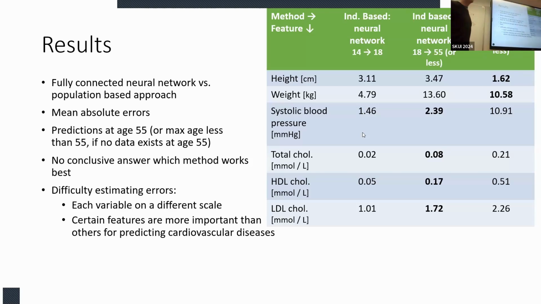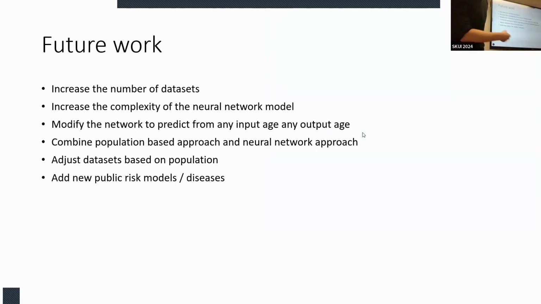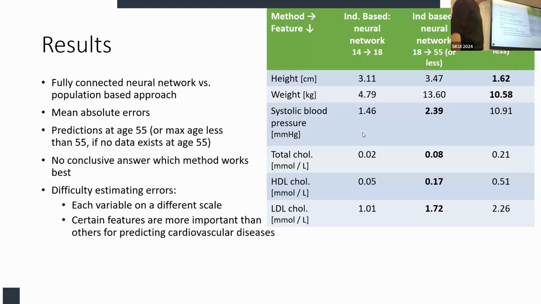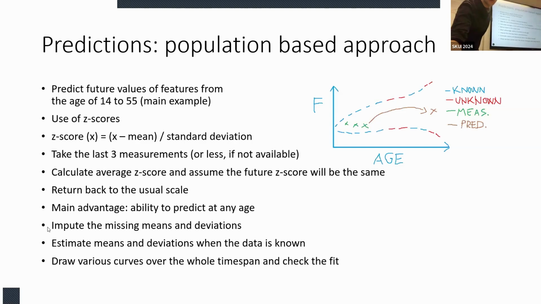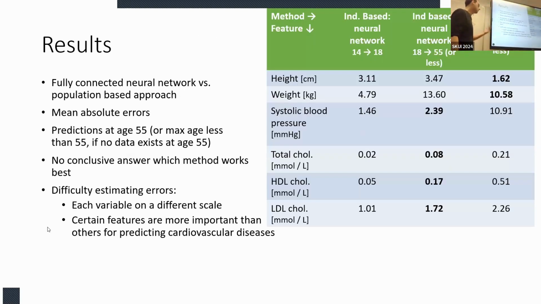I'd like to point out that I think this all goes to the future work. The issue here is, technically speaking, you should focus more on the variables that are important for the risk model. So, for example, let's say that sleep isn't important and blood pressure is important.